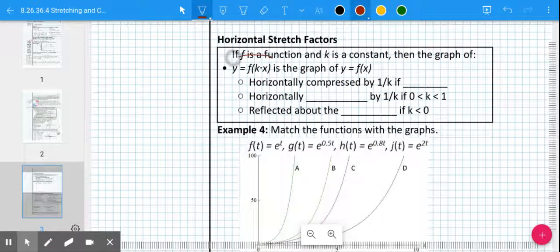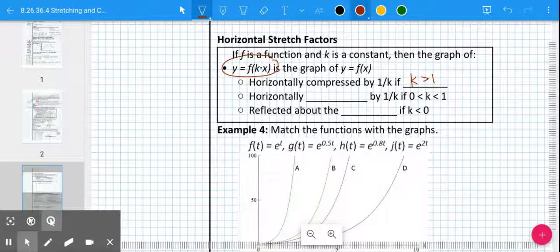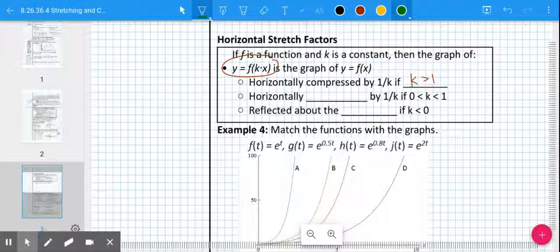When you have a k on the inside, you compress by 1 over k if k is bigger than 1. Sorry, that's super confusing. Here's what I meant to say. If your k is bigger than 1, so let's say k is 2, then this thing looks like f of 2x, right?